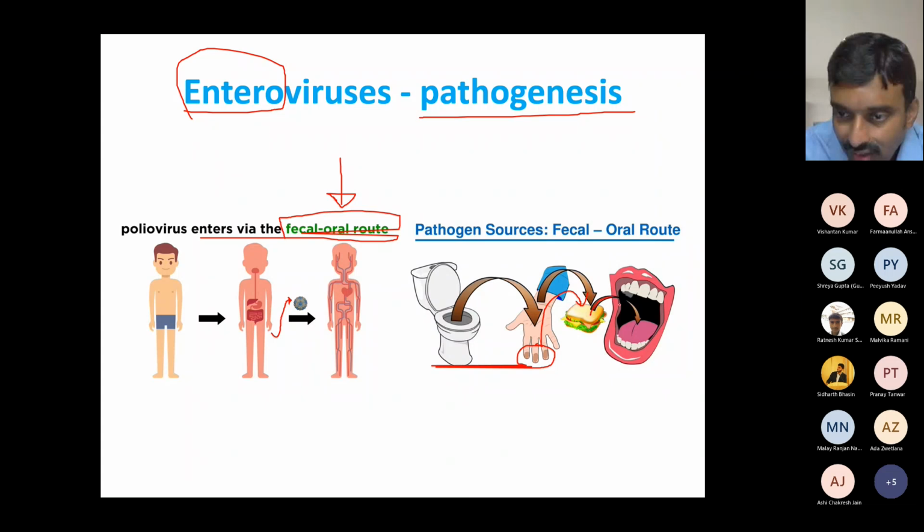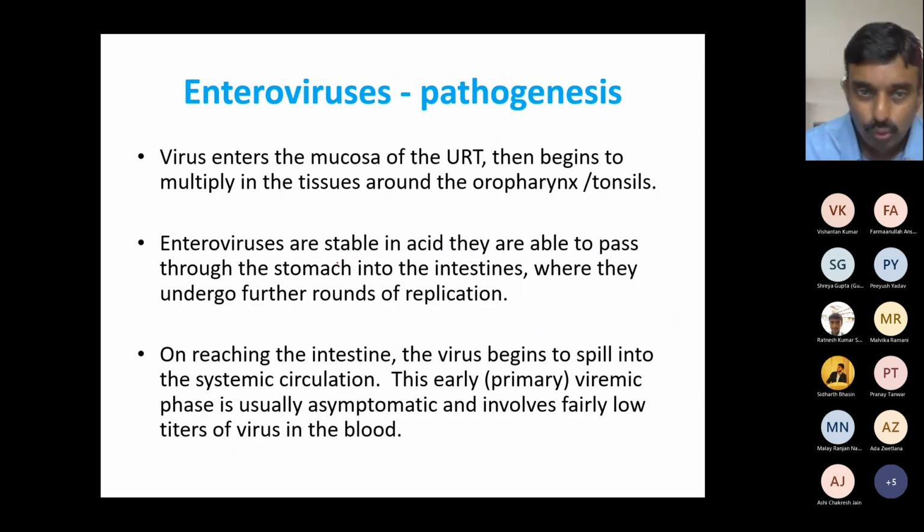And when we eat this food or water, the pathogen enters our body, and this route is called the fecal-oral route. All of you can understand the meaning of fecal-oral. It's shed in the feces, enters through the oral route, and poliovirus is a virus that enters through the fecal-oral route.